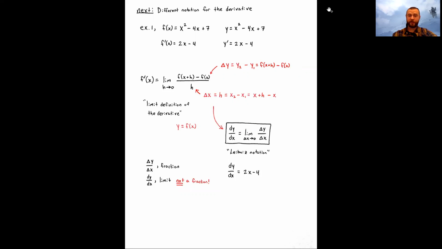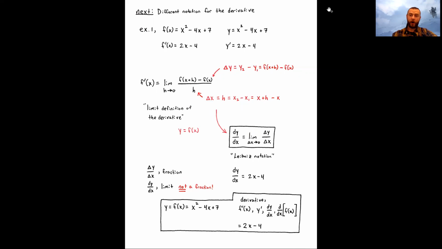All right, so let's write down all versions. If we have y equals or f of x equals as the function, x squared minus 4x plus 7, we have all kind of 4 here notations for the derivative. F prime of x, y prime, Leibniz notation, dy over dx, and then what's sometimes called differential notation, d over dx, the derivative of, and then f of x within the brackets that tells you what you're taking the derivative of.